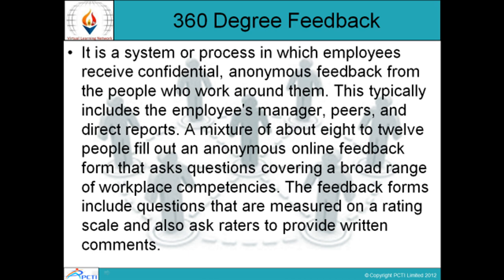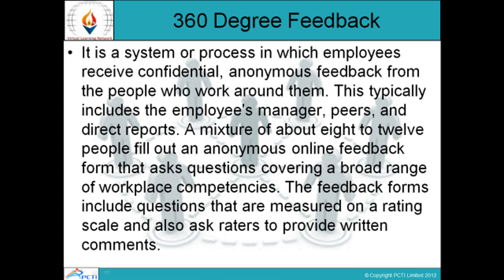So a mixture of about 8 to 20 people fill out an anonymous online feedback form that asks questions covering a broad range of workplace competencies.